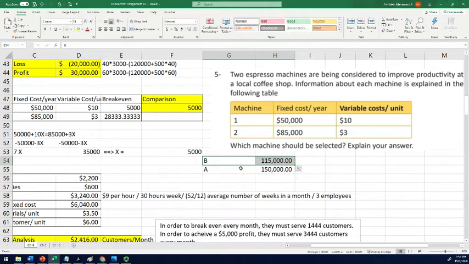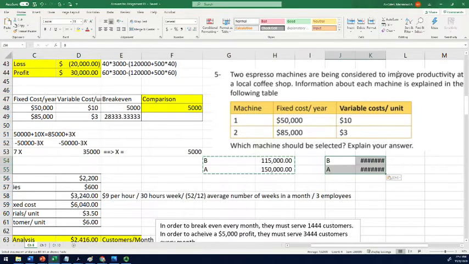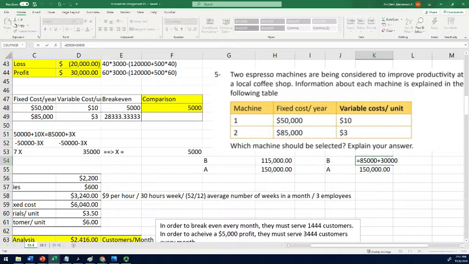If the local coffee shop is selling less than 5,000 units, they should go with machine A. So I'm going to copy the same thing just to compare that with a lower quantity. So assuming that this local shop is selling 1,000 units, that would be 85,000 plus 3,000.